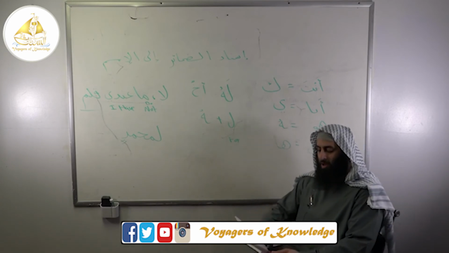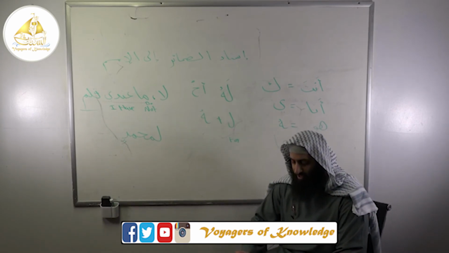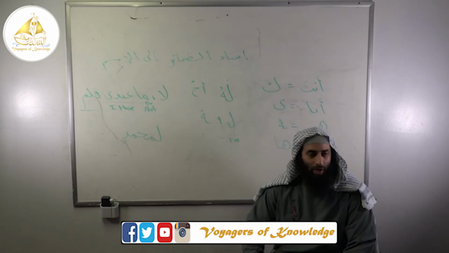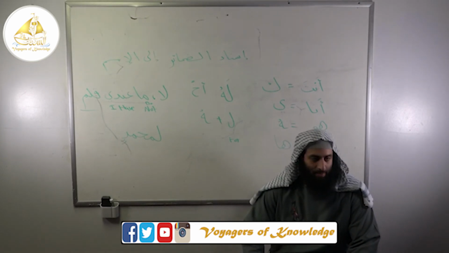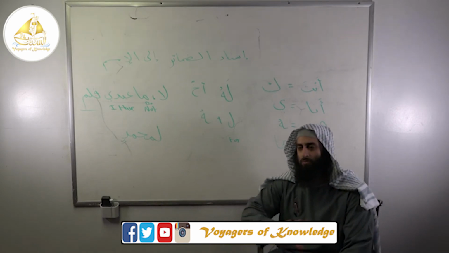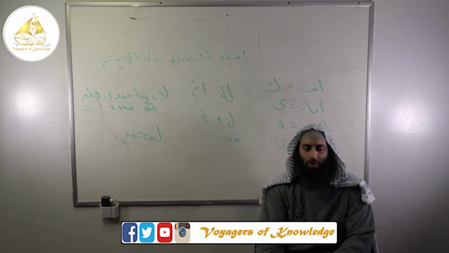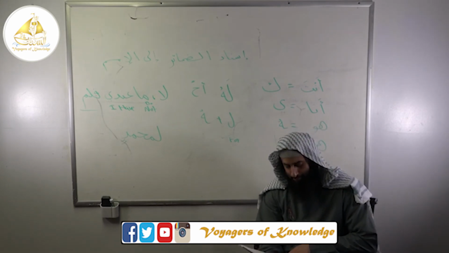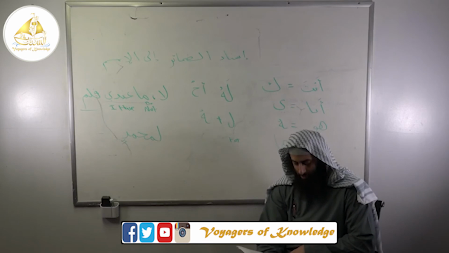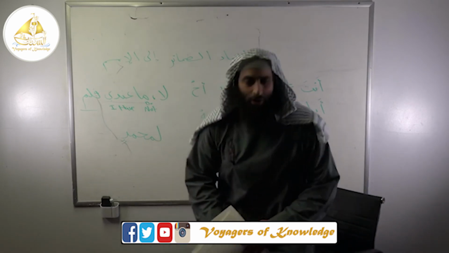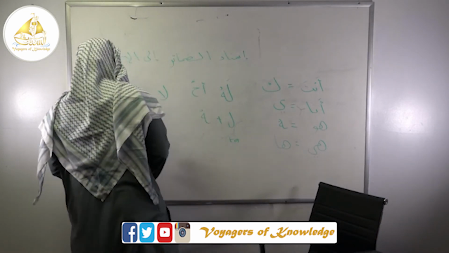It's just telling you about adding the same dhamir like we did earlier, baytun and baytuka, baytuhu, baytuha, bayti. It's just telling you what we did earlier, adding it to his house, my house, your house, and so on and so forth, okay? Now, here's something unique, and it is with words that are known as al-asma'ul khamsa.